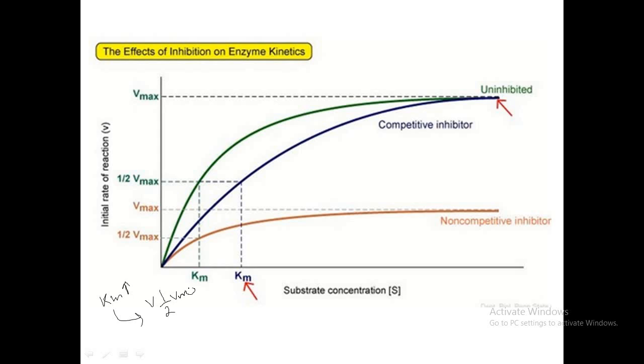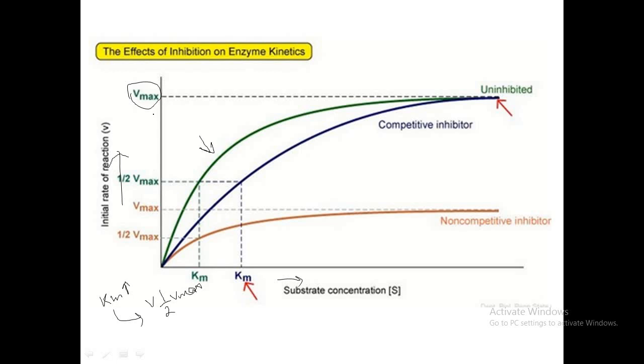If you look at this figure, when there is no inhibitor, this line denotes Vmax, the rate of reaction V, and this axis denotes the substrate concentration. First look at this curve.